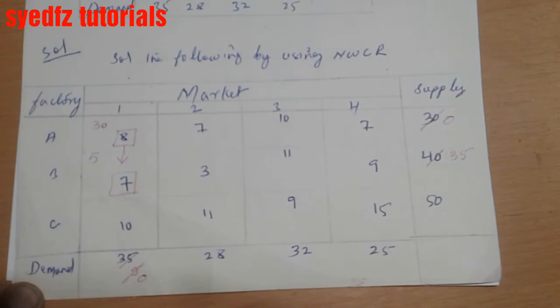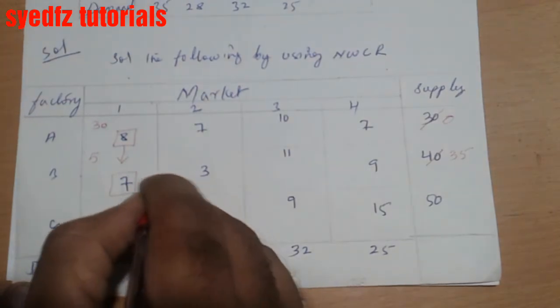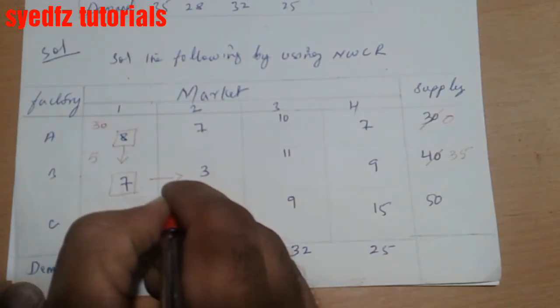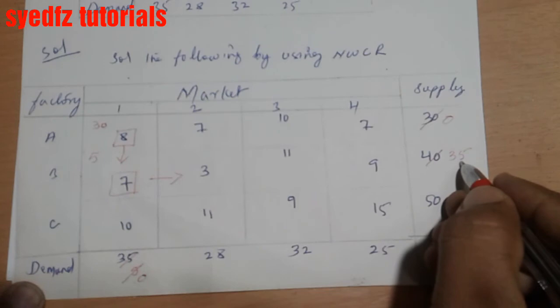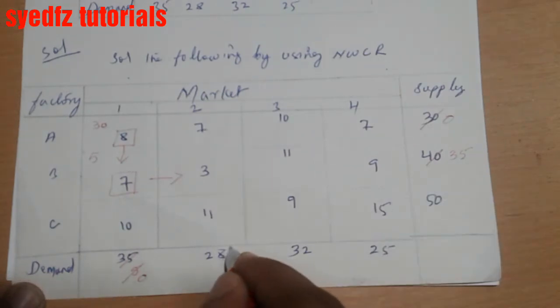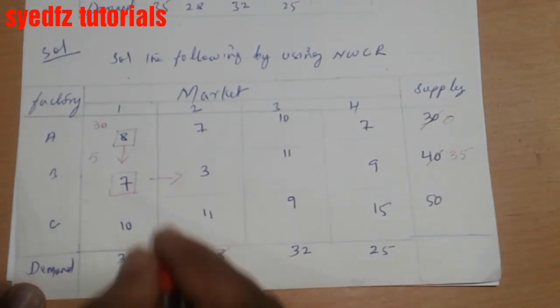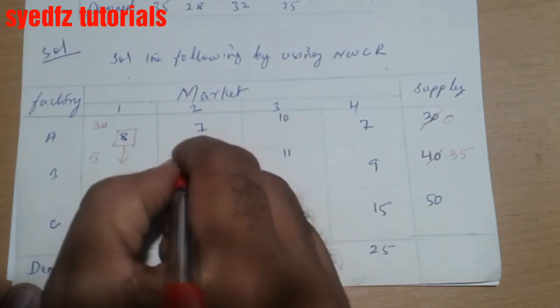Now we don't have demand here, so go to the second column. Here we have 28 demand but we have much more supply, so we can complete all the demand, that is 28.